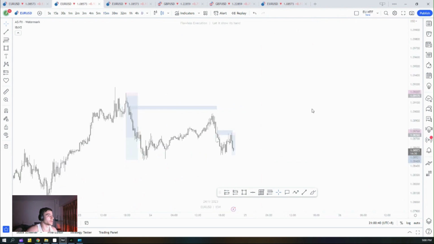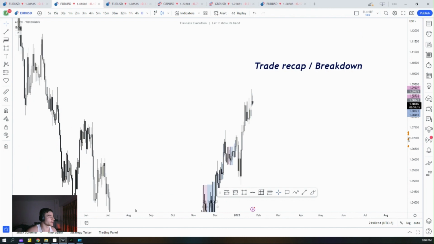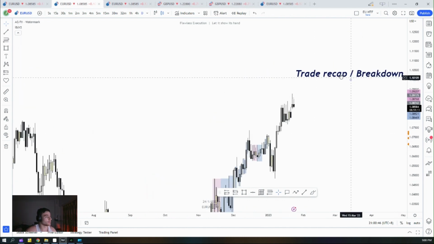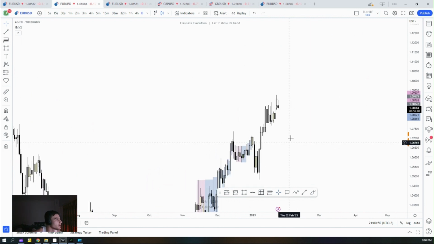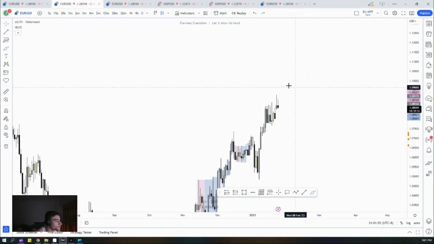So what we'll first do is go on to the daily time frame. The first reason why I took these sells is because, as you can see here, we broke this daily range and we had a large wick to the downside, showing us maybe a loss of momentum.